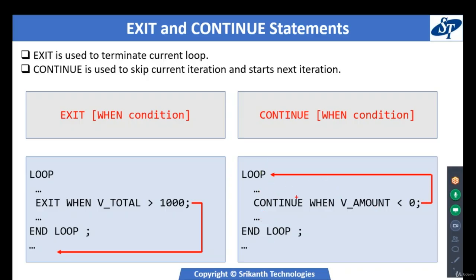It means when this condition is true, I mean amount is less than 0, we are not interested in the statements given here. We want to go back to the next iteration and start again. So continue does not terminate the loop. It just terminates the current iteration, and starts the next iteration immediately.